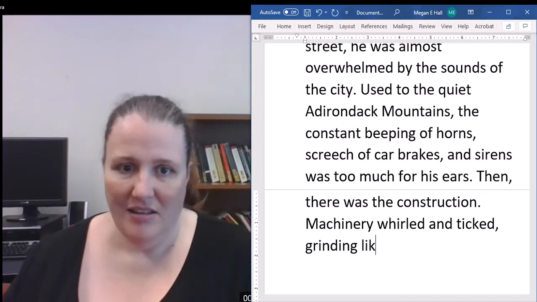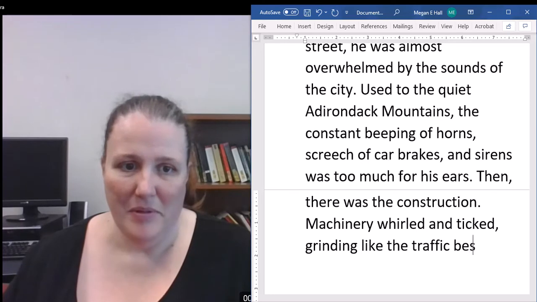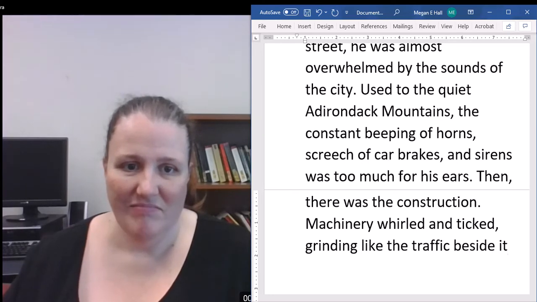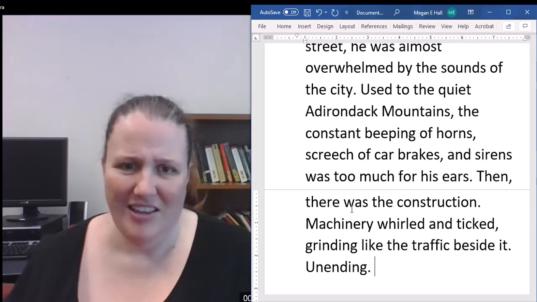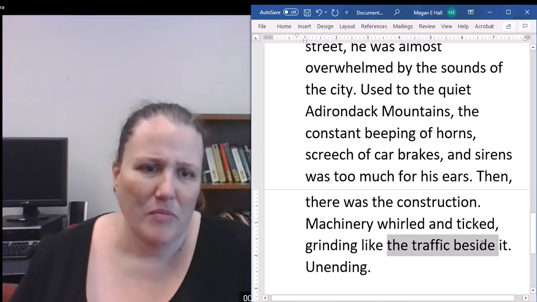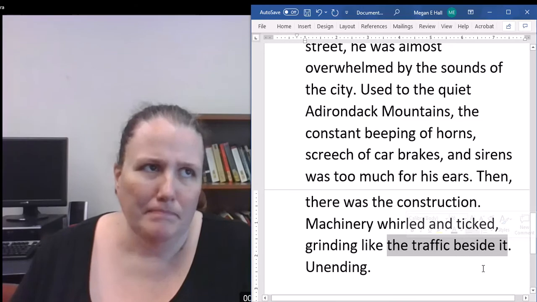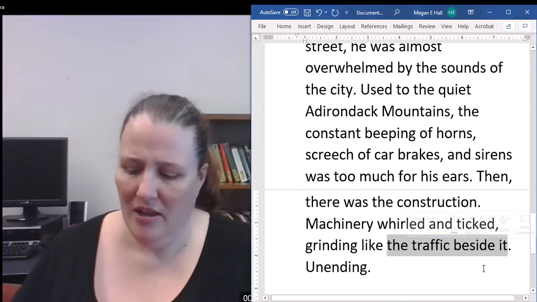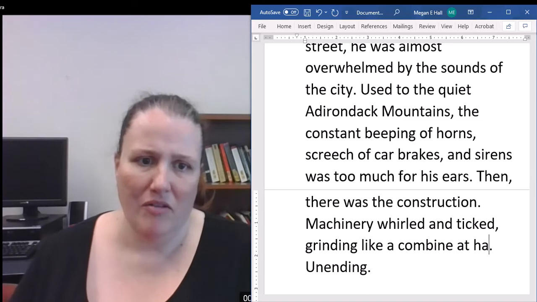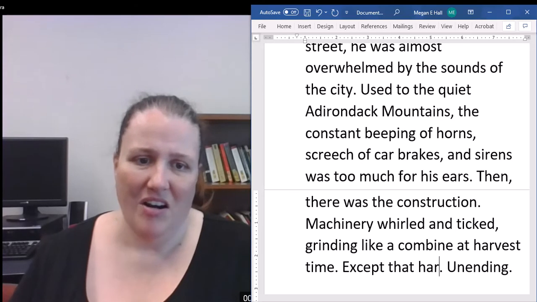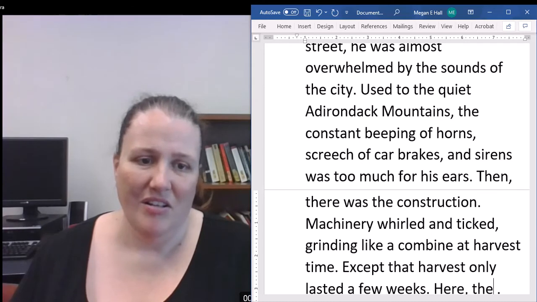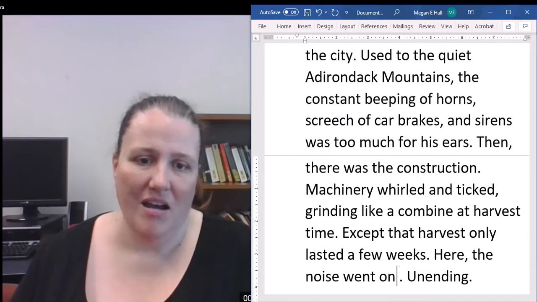Grinding like the traffic beside it. Unending. That's not the best simile. Grinding like what? Well, he's from maybe a farm. Grinding like a combine at harvest time. Except that harvest only lasted a few weeks. Here, the noise went on for ages, unending.